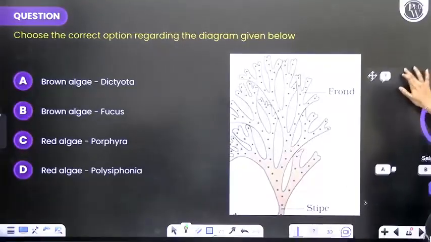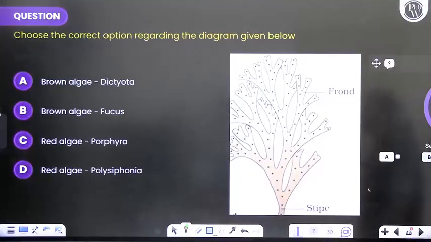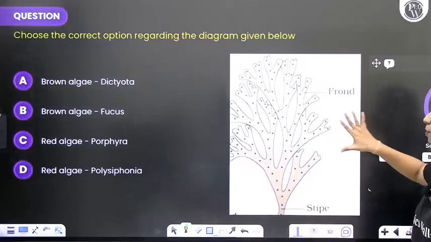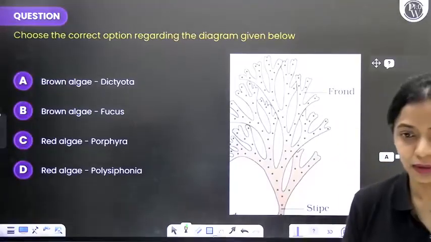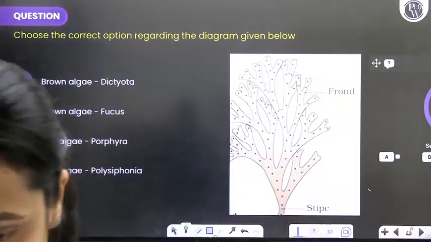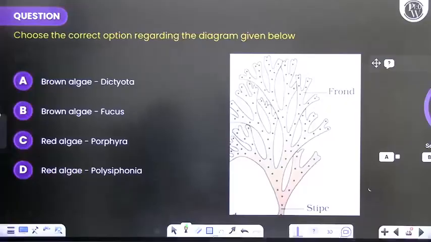This is diagram based. Choose the correct option regarding the diagram given below. Suma, that means you need more practice, you need to work harder. It's okay. You realized it now, you still have time.